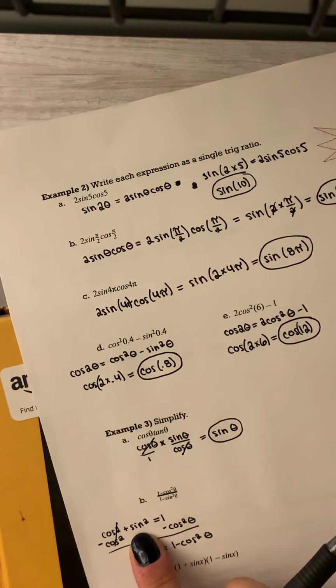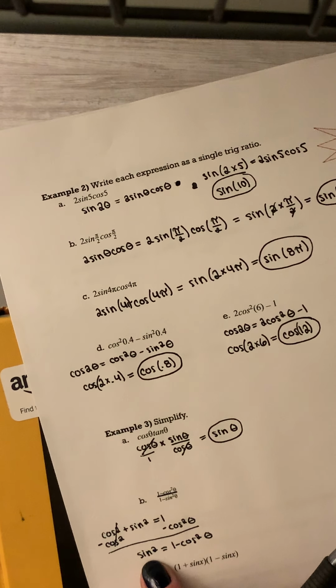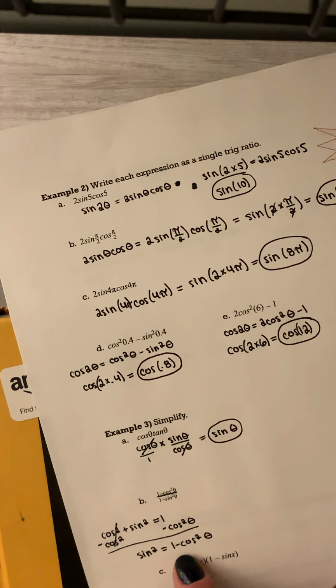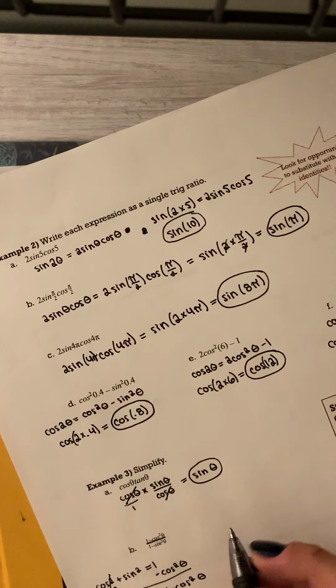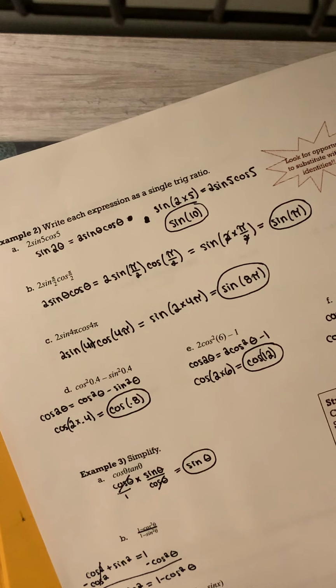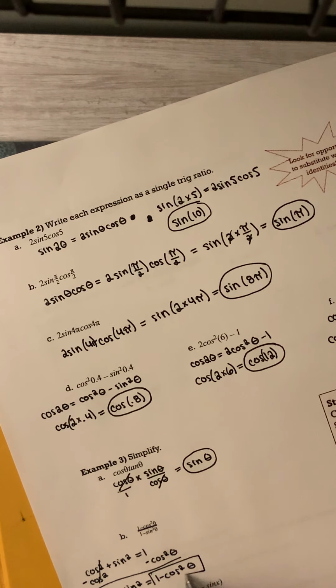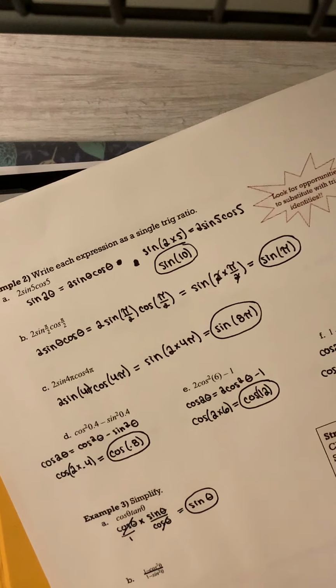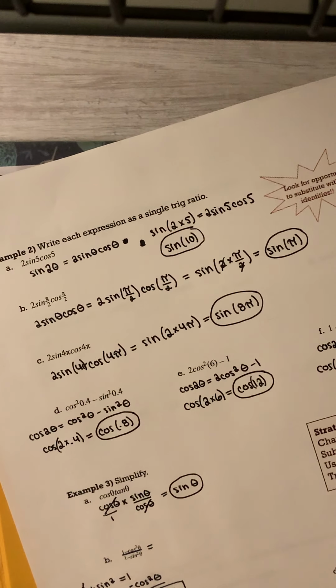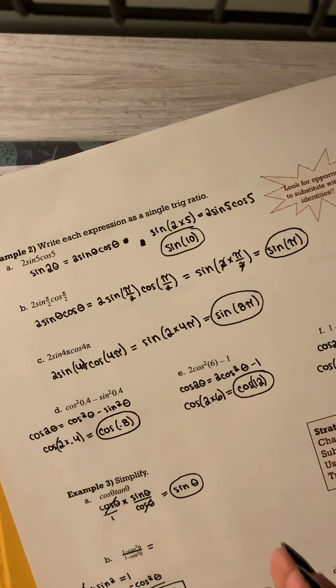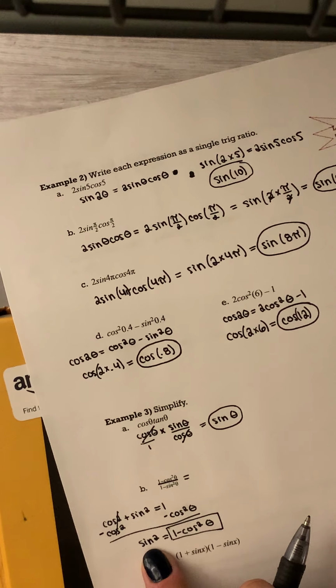So if I had subtracted sine squared, I would have been left with cosine squared is equal to 1 minus sine squared. So because we can recognize that pattern, the 1 minus whatever squared, you know that the single function value it can be substituted with is whatever the other function was.